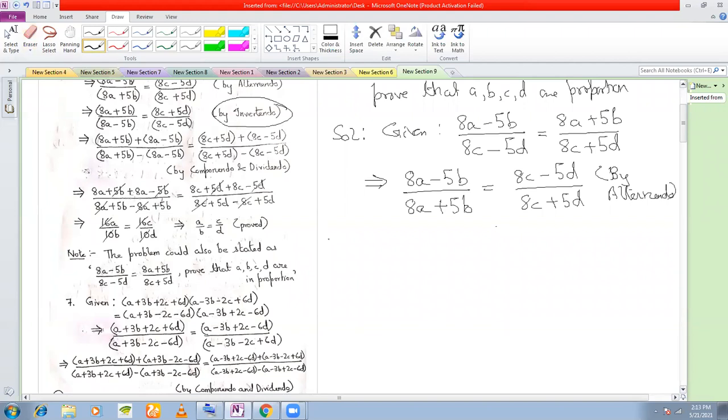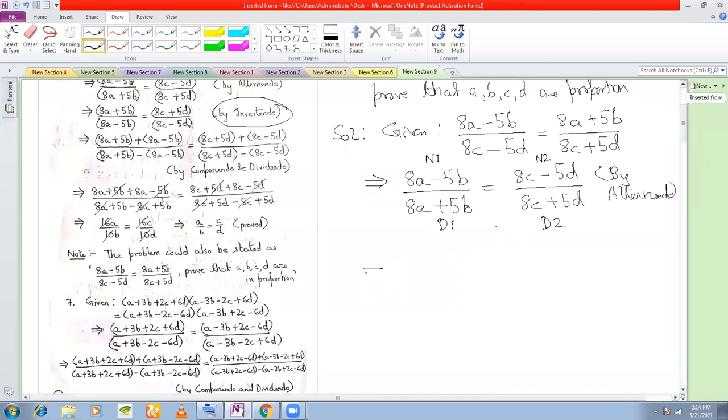Let us directly use componendo and dividendo. Now, what does componendo and dividendo say? If I consider this entire numerator to be A, this to be B, this to be C, and this to be D, then, or better still, let us write this as numerator 1, numerator 2, denominator 1 and denominator 2.